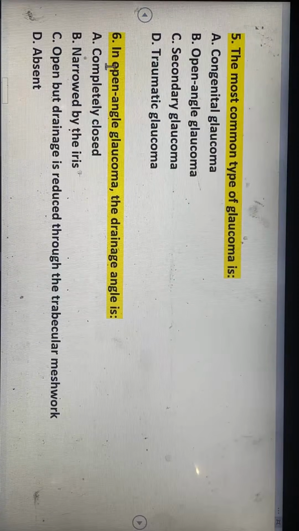Number 6. In open angle glaucoma. Now, if you've been getting this so far, that means you follow the class very well.